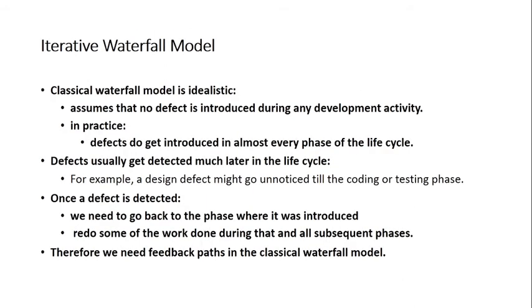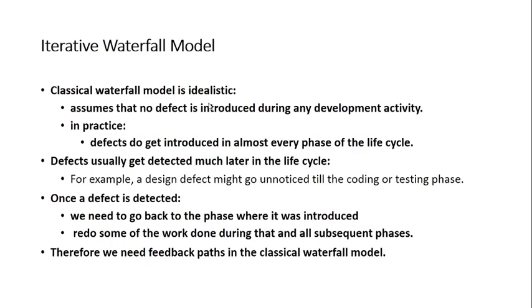Now comes the iterative waterfall model. So what do we mean by an iterative waterfall model? It is simply a modification of the classical waterfall model, right? It's not a separate or new model, just a slight change is made in the existing model to make it work practically. It is said that classical waterfall was an ideal model.